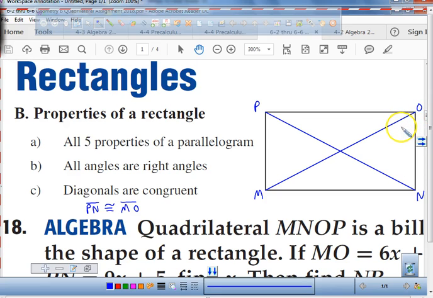That is a special property that's only in a rectangle. Okay? So that's one of the properties of rectangles.